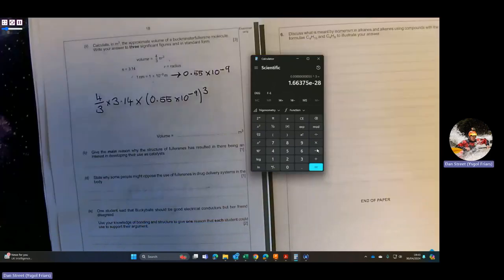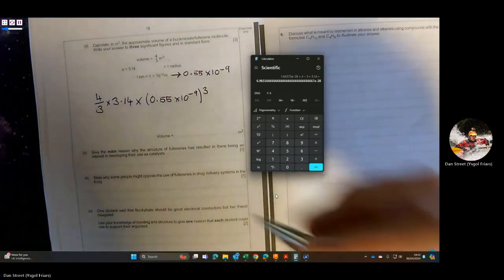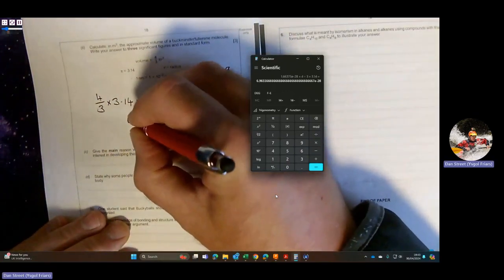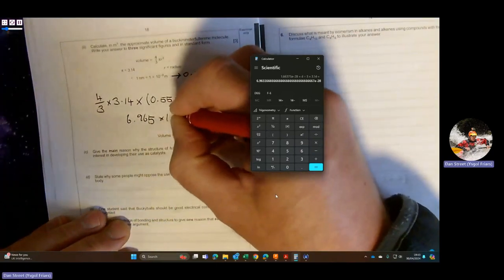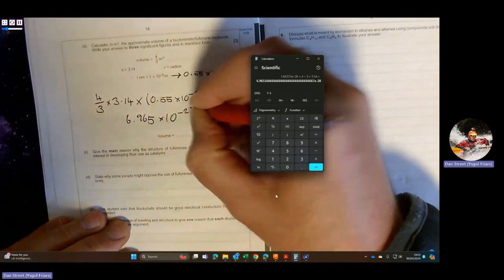Okay, and then we multiply that by 4, divide by 3, and multiply by 3.14. Okay, so that gives us the raw answer 6.965 times 10 to the minus 28.